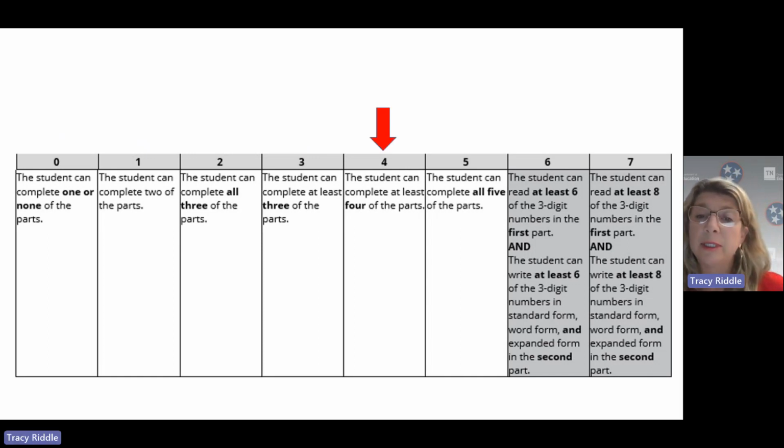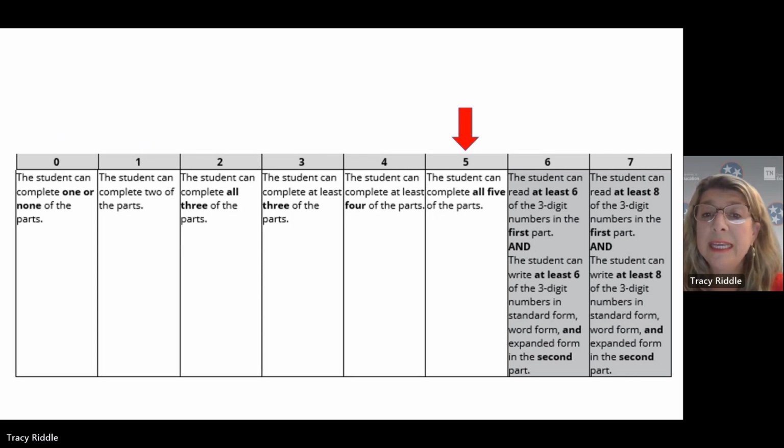If the student was able to complete 4 of those 5 parts with 100% accuracy, that is the score of a level 4. And if the student is able to complete all 5 of the first grade standard, that is the score of a level 5. If students are successful at the first grade standard, at either level 3, 4, or 5, you do not have to upload evidence of the kindergarten portion.